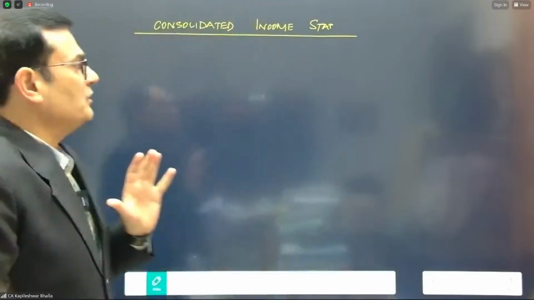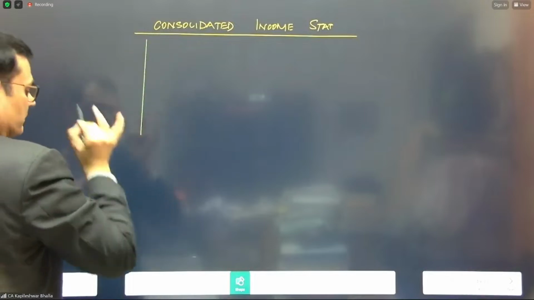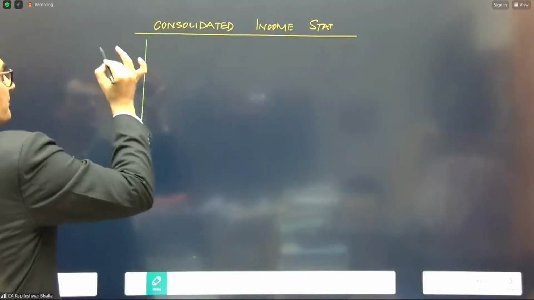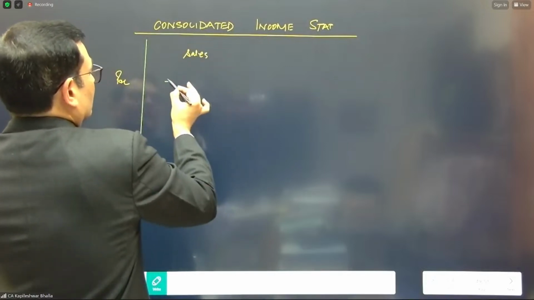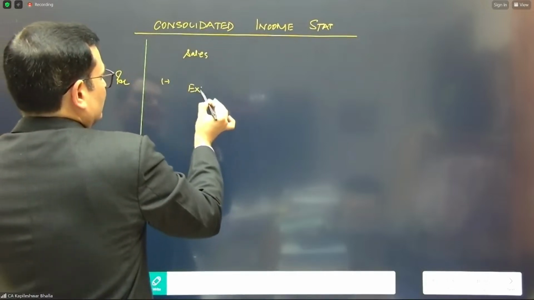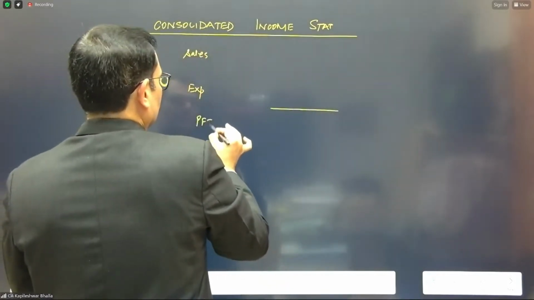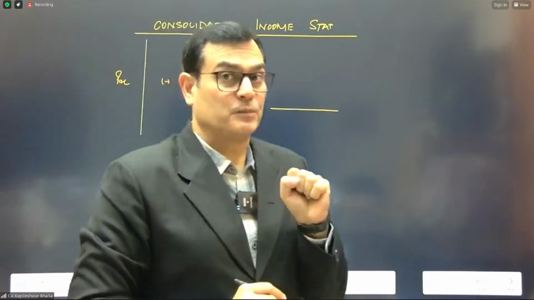One is the P&L and one is the OCI. So in this particular case, what do you need to do? When you going to make a consolidated income statement, number one, you've got a profit and loss section where, for example, you consider the sales and you consider, let us say, the expenses, and you're going to get the profits. Now, what are the inputs you need to consider in this particular case?